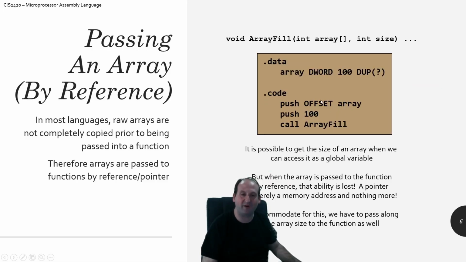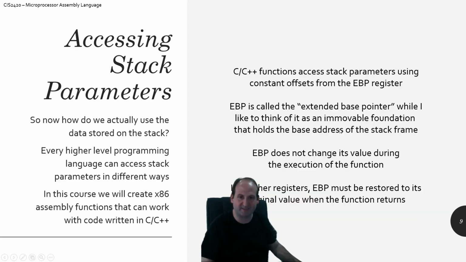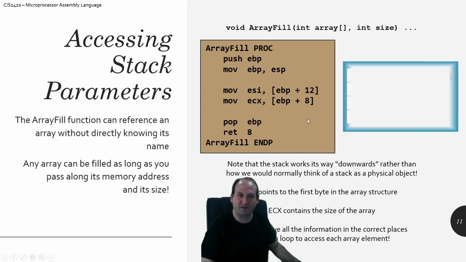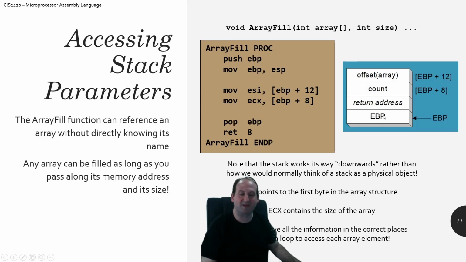The offset to the array got pushed on first, and the size got pushed on second. Because the pointer to the array got pushed first, that's the top of our stack. And then the size got pushed second, and then the return address got thrown on this when we hit the call, and then this push EBP pushed the old register's value onto the stack.